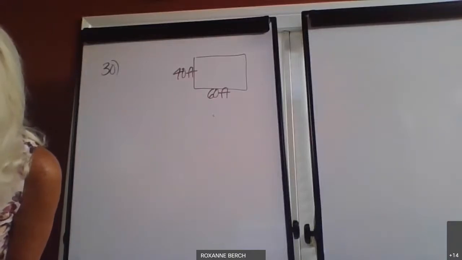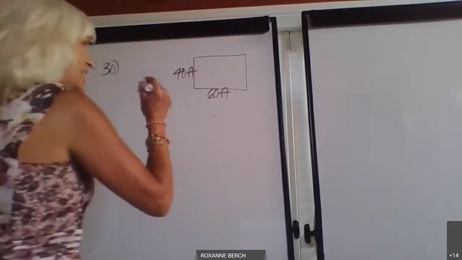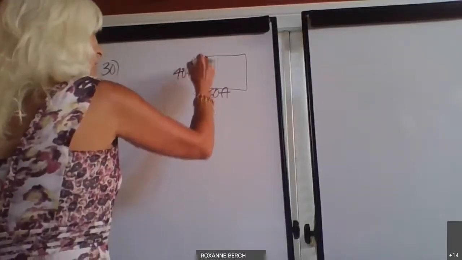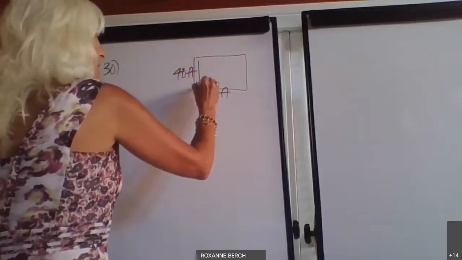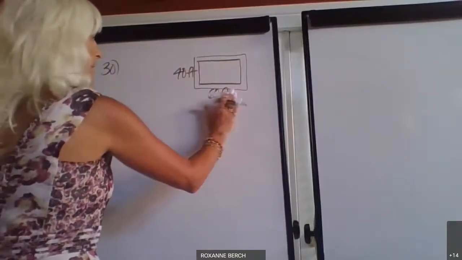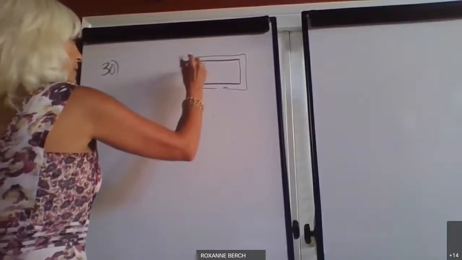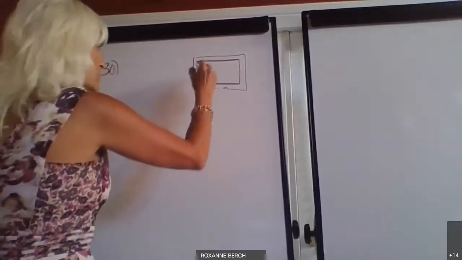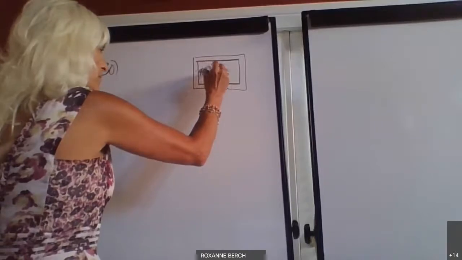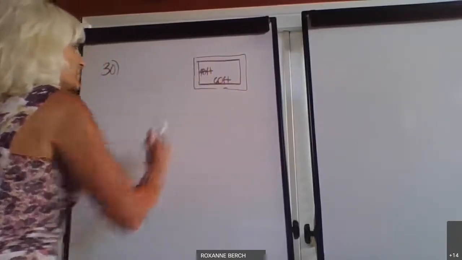It says it is surrounded by a path around the edges. So this would be 40 feet, and this would be 60 feet, and there's a path.